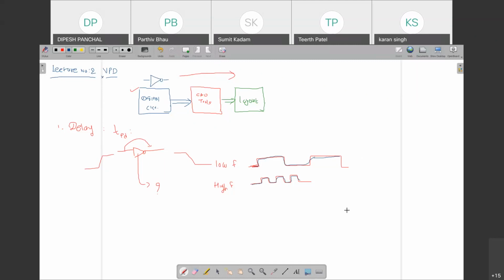High frequency. Yes, the answer is correct. Why? Because if the device is working at very high frequency, then the delay constraints are very significant. So you cannot ignore this change and this change. Almost you have to consider them.